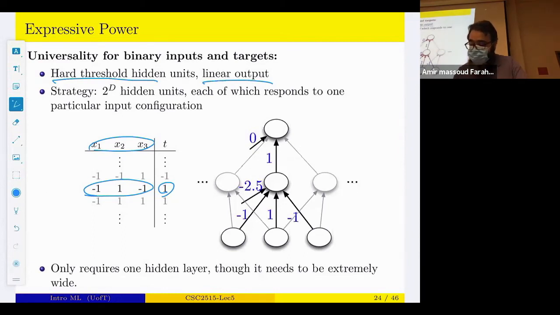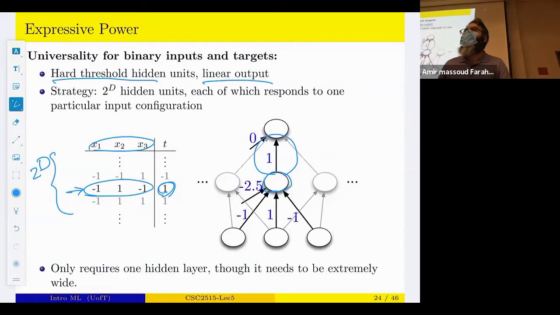For each of these possible combinations of input, we can design one unit that generates the desired output, which is +1 here. In general, we have in total 2 to the power of d different combinations for any function which has d variables. We can combine them in this way so that each of the hidden units generates the desired output here, and then combine them in order to generate the output.